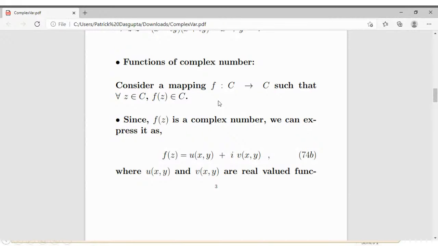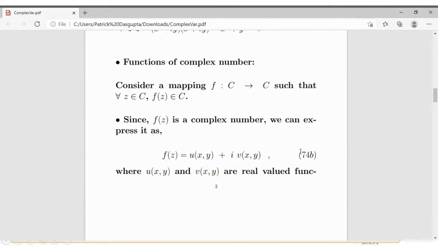Any complex number can be written as real part plus iota times imaginary part, and therefore f of z can also be expressed as a real function of z, that is real function u of x comma y plus iota times another real function of z, that means v of x comma y.